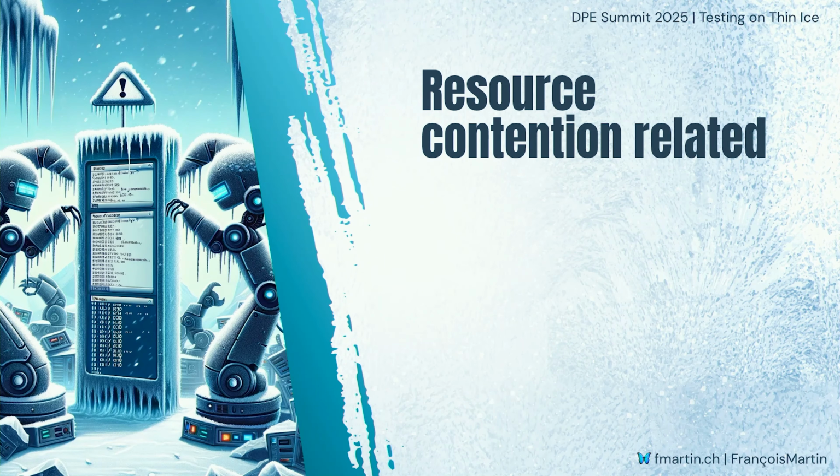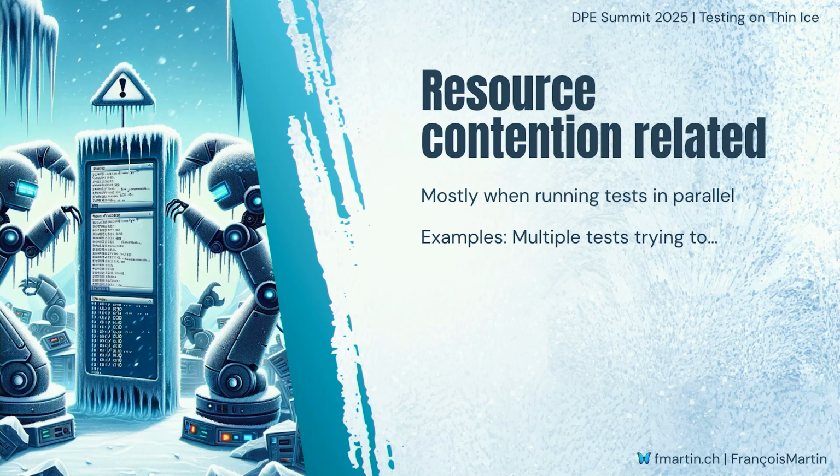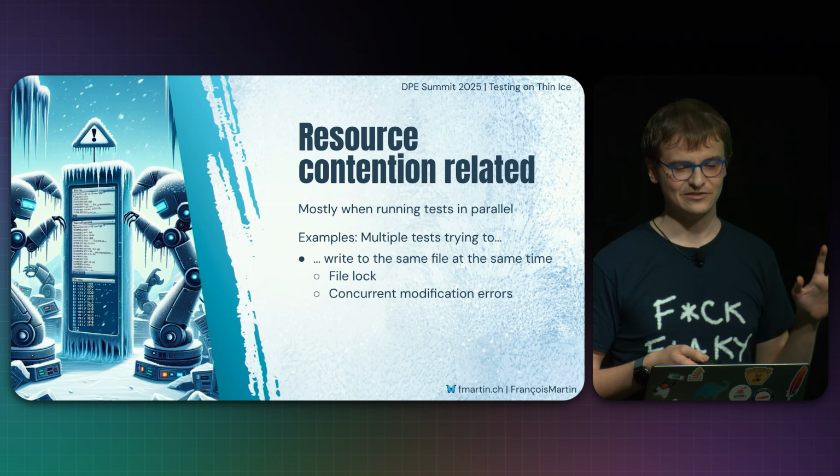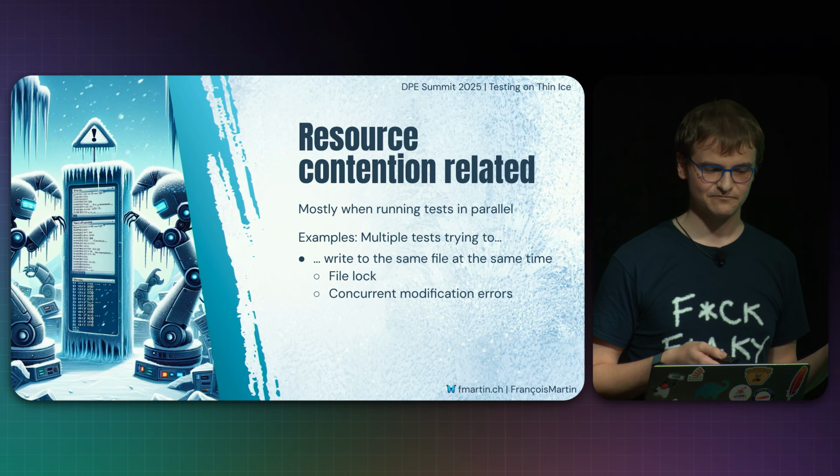And then we have resource contention related ones, which you mostly encounter when you run tests in parallel. One example is, let's say you have multiple tests that are trying to write to the same file at the same time. Obviously, that doesn't work. And then you might have issues with files being locked, of course, right? And you might have some concurrent modification errors.